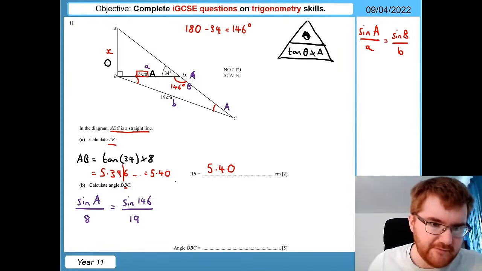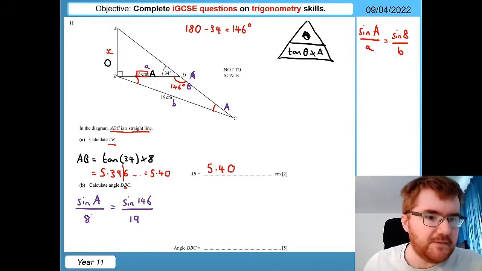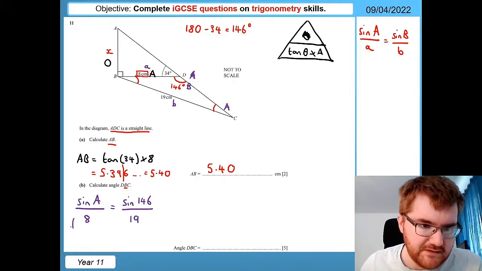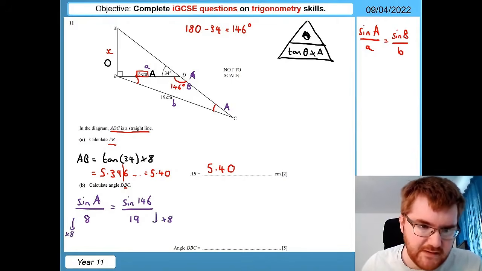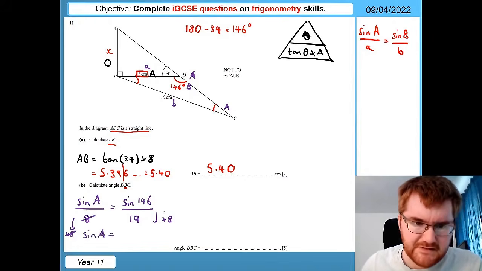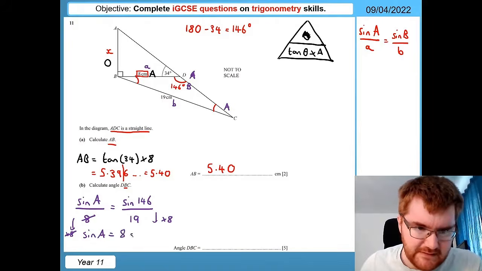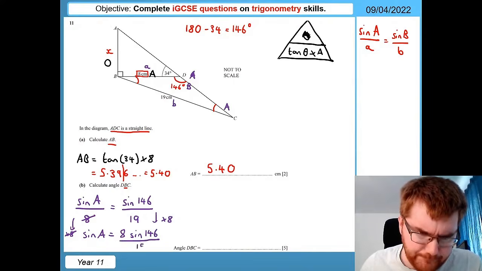So we look at the left hand side and go, well, what's the opposite of dividing by 8? Well, we need to multiply by 8 on both sides. This has the effect of cancelling here, so we get sine A is equal to 8 times sine 146, divided by 19.